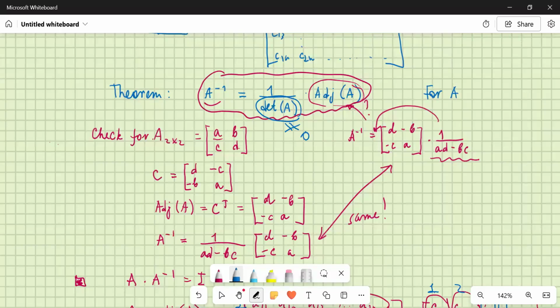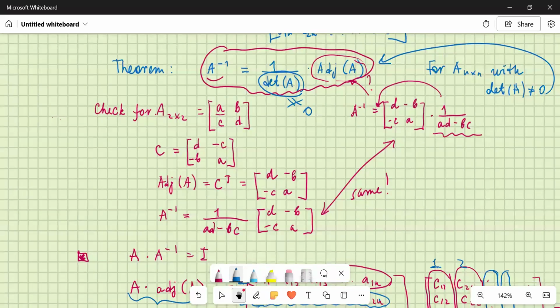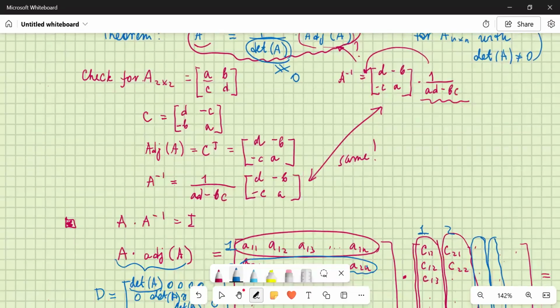For a square matrix A, n by n, with determinant of A not equal to 0, the theorem is true. And because the theorem implies that determinants are not supposed to be equal to 0 because we are dividing by it, that's just one small condition. Right? Okay.